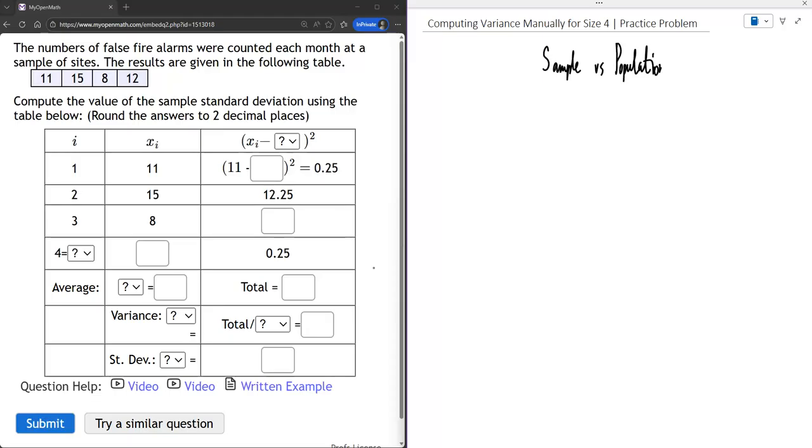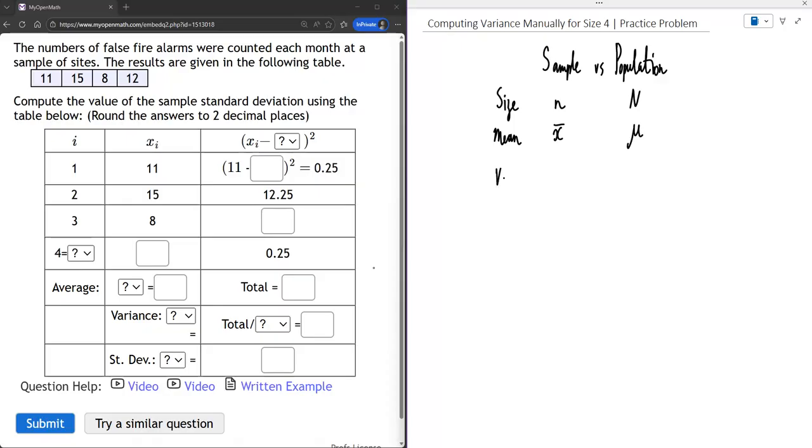The difference is not only in the size, but in how we're going to label the numerical measures. So for example, the size of the sample is lowercase n, population is capital N. The mean for the sample is x bar, for the population it's the Greek letter mu. And we're going to extend this notation to measures of variance and standard deviation.